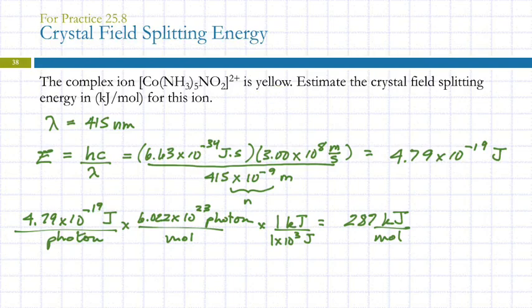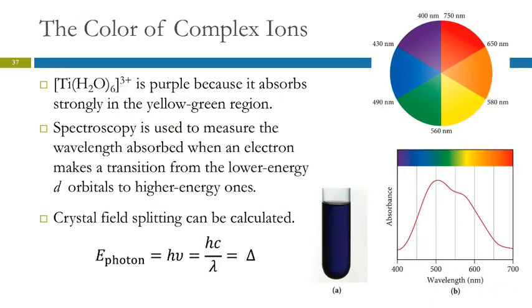That means it's not absorbing yellow. So in the absence of any information, like an absorbance graph like that, what we can say is, if we're seeing yellow, it must be absorbing over here somewhere. And so let's just take the middle of the opposite of the middle of yellow. Any other questions?